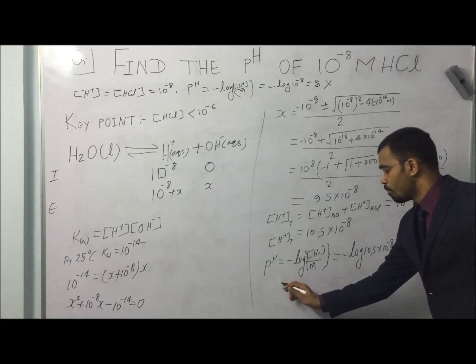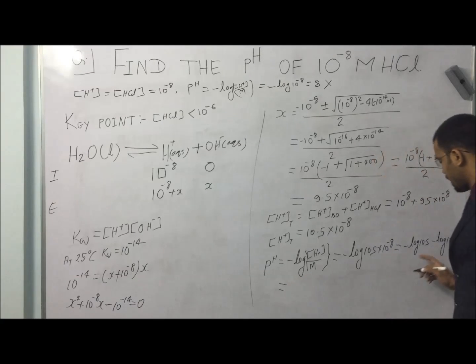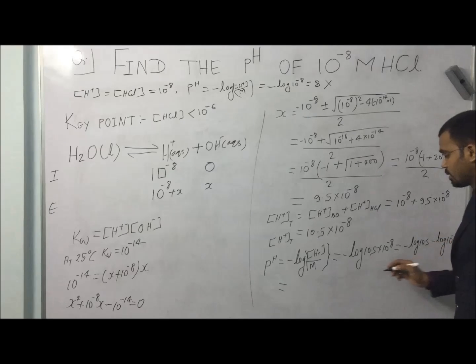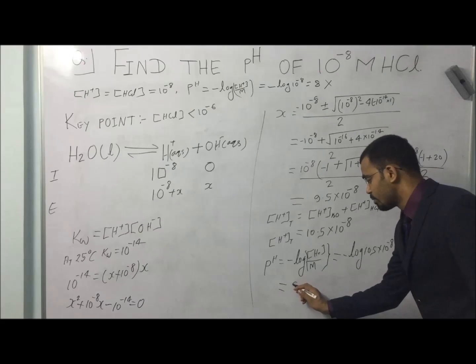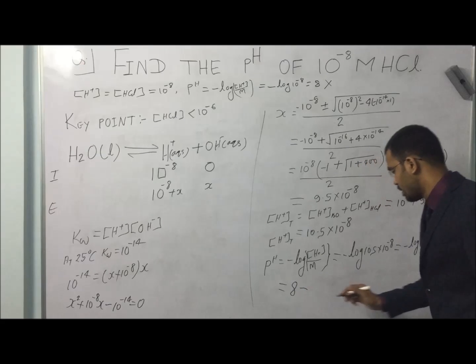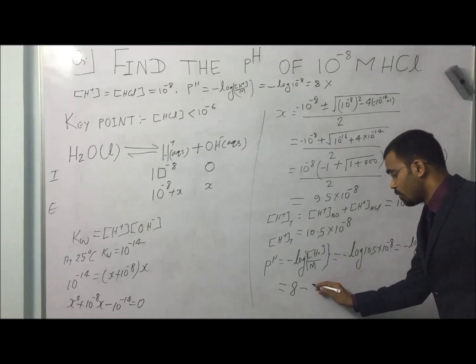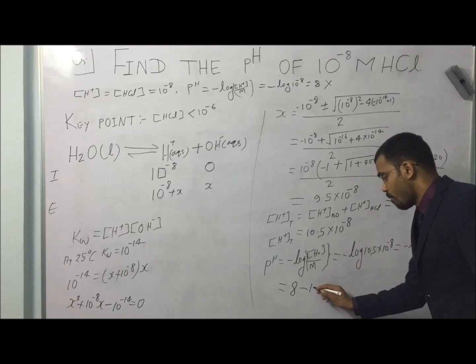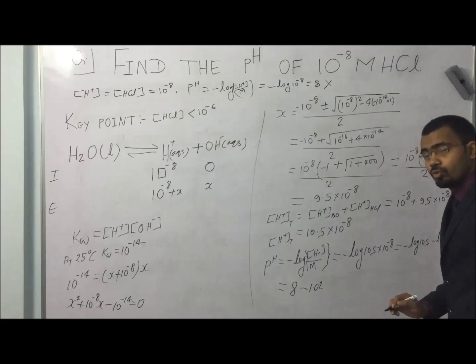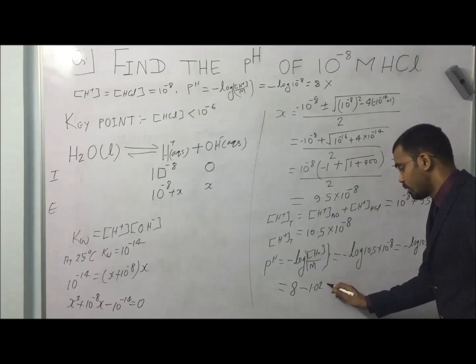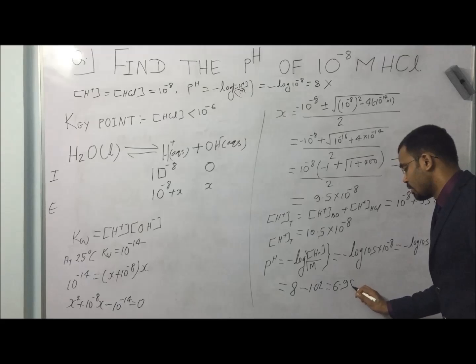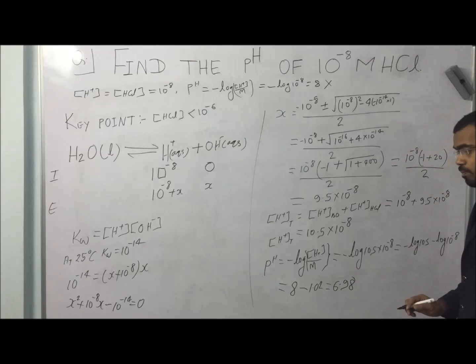So now we can write it as 8 minus the value of log 10.5, which will be slightly greater than 1. So the exact value is 1.02, which gives 6.98.